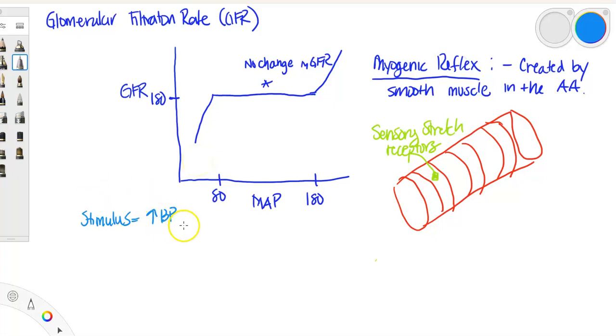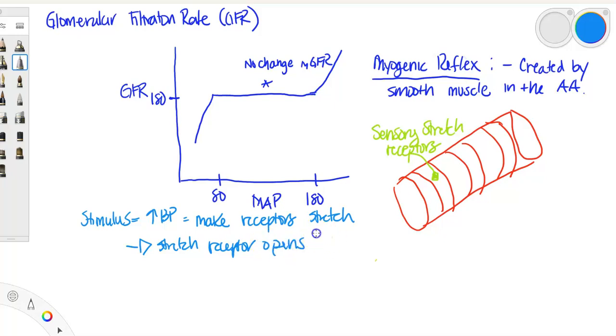So the increased blood pressure, or the stretch, will trigger the receptor to fire. When that happens, the stretch receptor causes calcium channels to open.